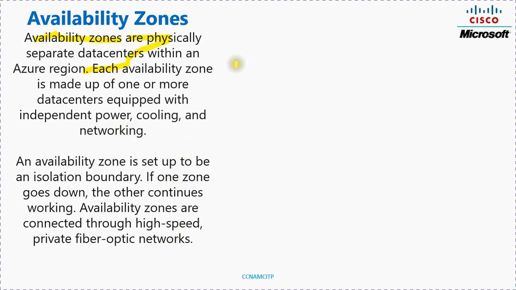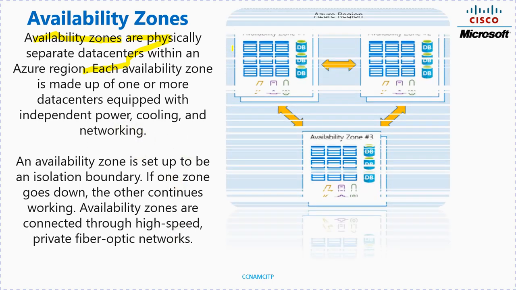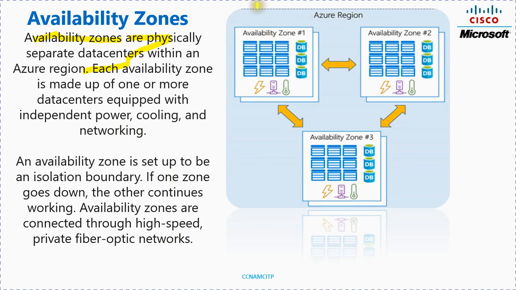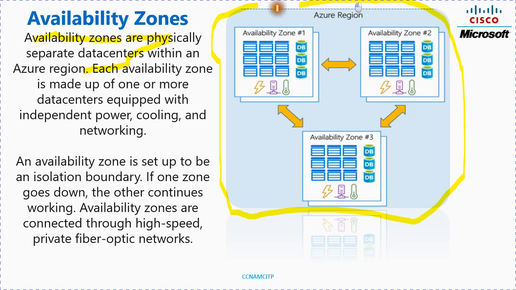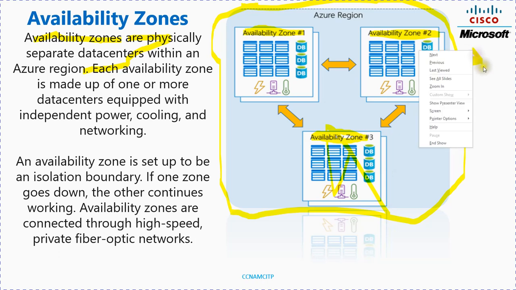Okay, for example, let me show you. This is one region you have. Okay, this is a complete region, and you have here three data centers. This is one availability zone you can consider, and this is the second availability zone or data center, and this is the third. So all three will be connected to each other. If this third goes down, the user who is connected nearby this will be able to access their application and resources.